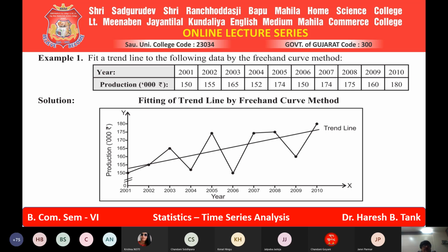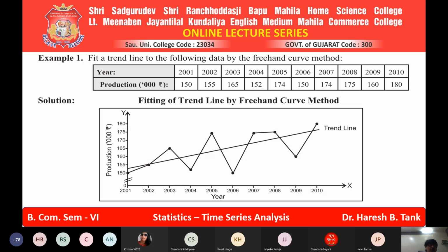Best fitted line means it should be exactly in between these points. So just draw a line such that half of the area covered is on the upper side and half is on the downward side. That line is called the trend line. Now observe that the same line is drawn here.